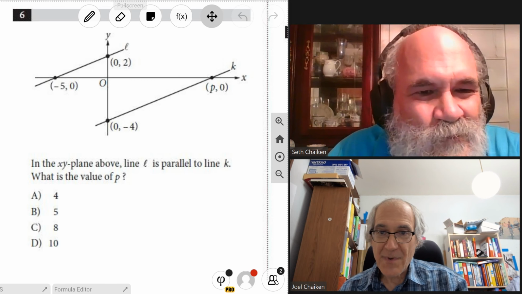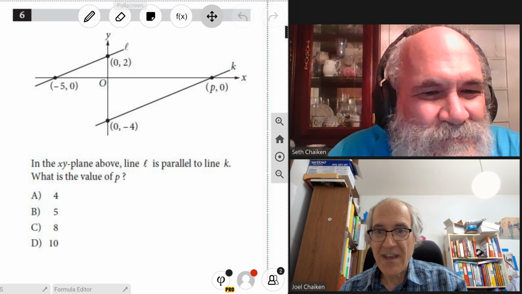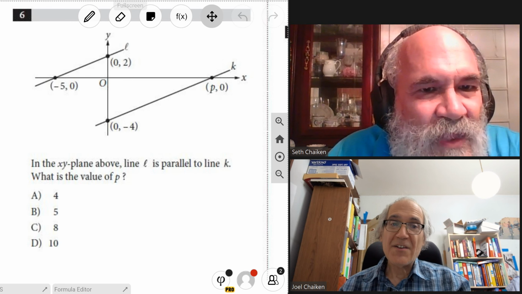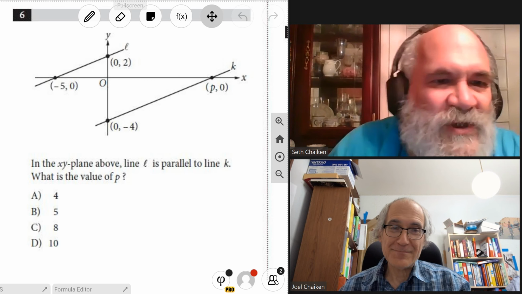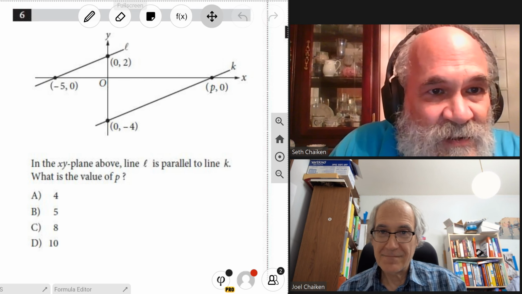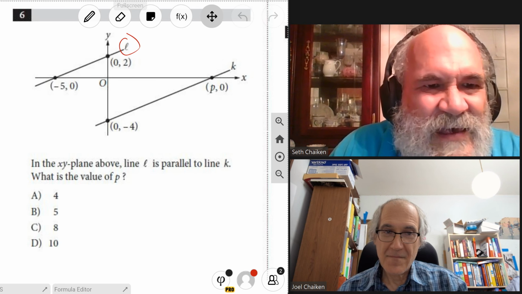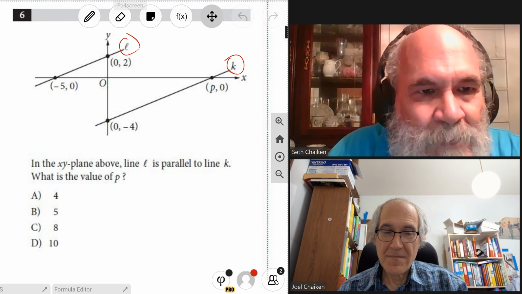In the XY plane, you have line L parallel to line K. What's the value of P? Okay, let me take a shot at it. Go ahead, Seth. Okay, so line L is this line, and line K is this line.